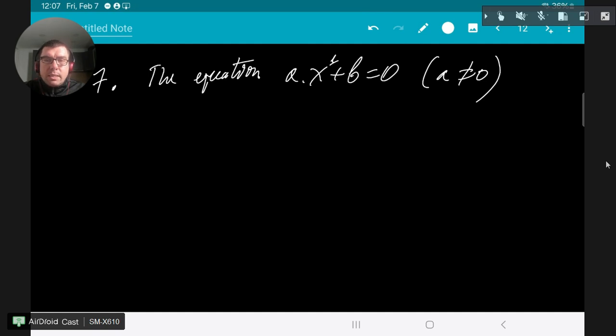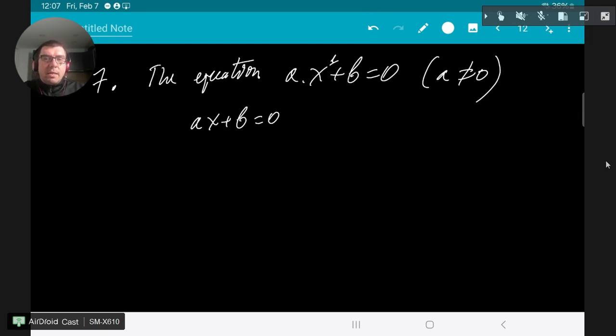Now, what is the root of this equation? Well, let's apply the previous property to find the root in the general case. So if I have ax plus b equals 0, what I want to do is I want to have on the left side only x, and my numbers a and b should be on the right side. So how do I move a and b to the right side of this equation?